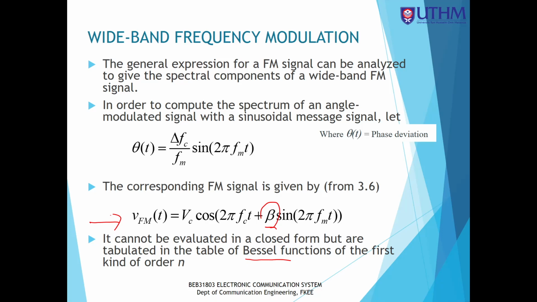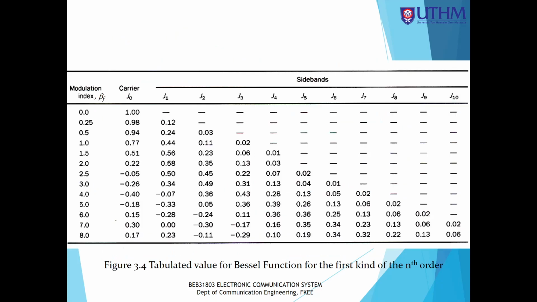So now we want to see the relationship of the beta and also the bandwidth. So what is the relationship? You're going to learn about this. This is very important.